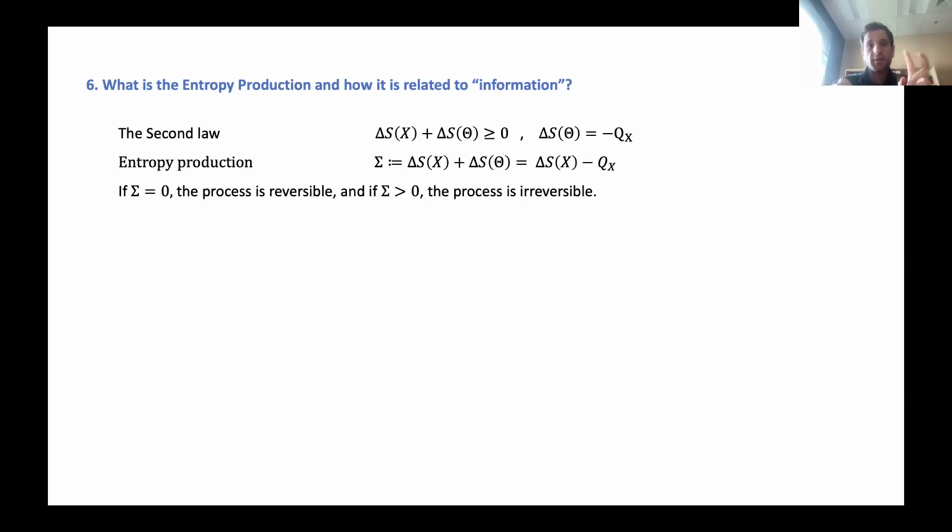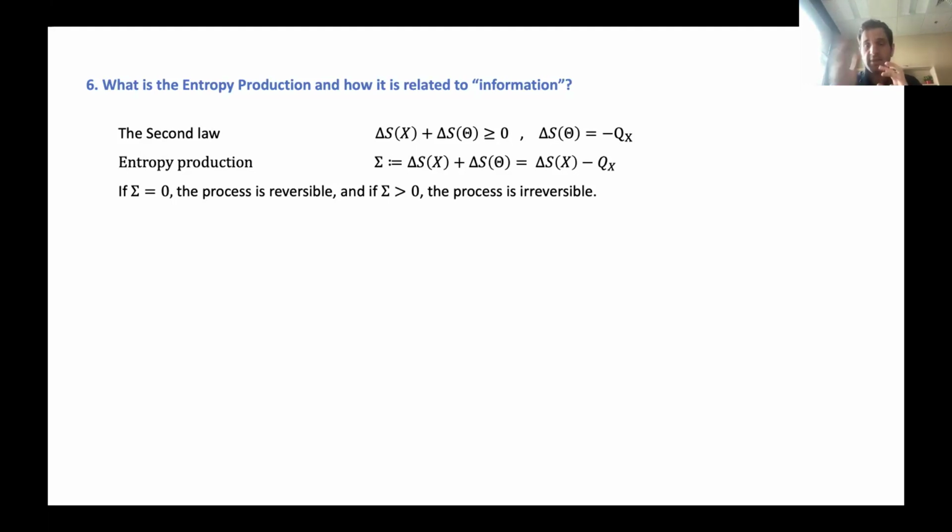So what is the second law? The second law is telling us that a thermodynamic process has at least two subsystems. One, X, is the system of interest, and one, theta, is the reservoir. The sum of the changes in entropy of each system added together is always greater than or equal to 0.